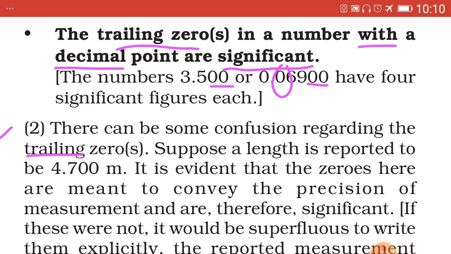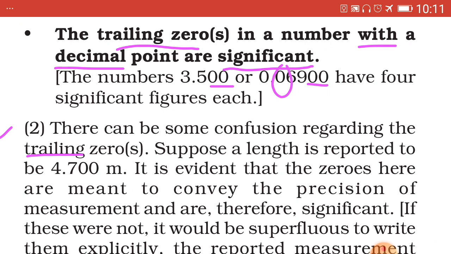Now in the case of a decimal point, the trailing zeros are significant. Say for example, in the number 3.500 or 0.06900. In the first case we consider the last two zeros, they are significant. So these two zeros plus 3 and 5, totally there are 4 significant figures. How many? 4. 3, 5, 0 and 0.